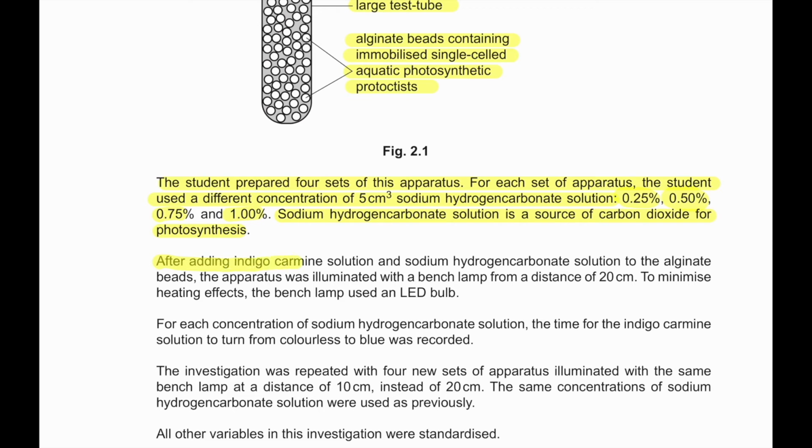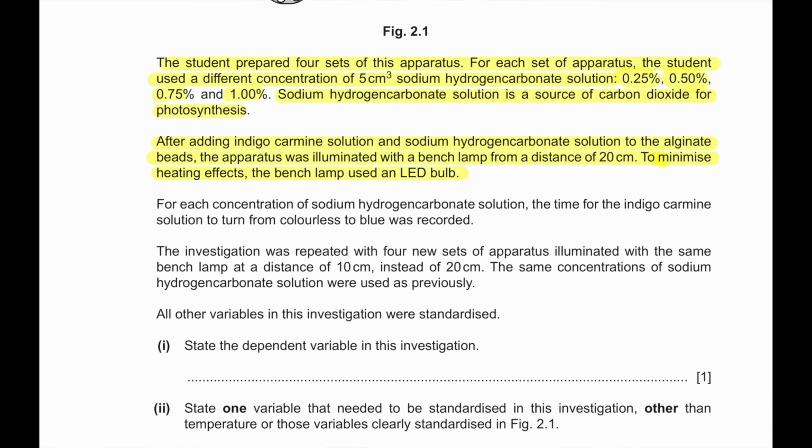After adding indigo carmine solution and sodium hydrogen carbonate solution to the alginate beads, the apparatus was illuminated with a bench lamp from a distance of 20 cm. To minimize heating effects, the bench lamp used an LED bulb.